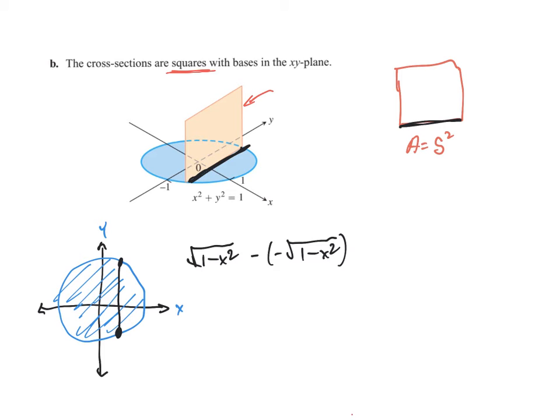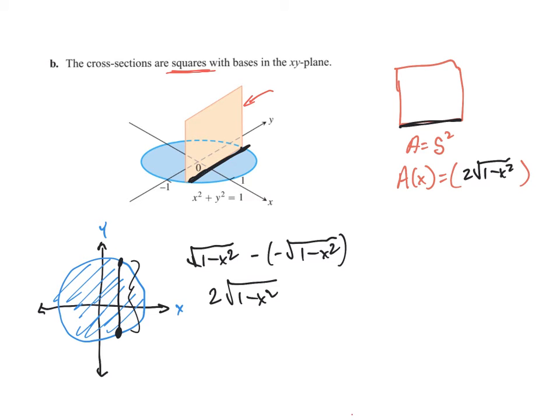And when you perform that math, you end up with 2 square root of 1 minus x squared for the distance of that black segment. That means that our side is 2 times the square root of 1 minus x squared. So over here in my A of x calculation, I'm going to insert 2 square root of 1 minus x squared in for s.